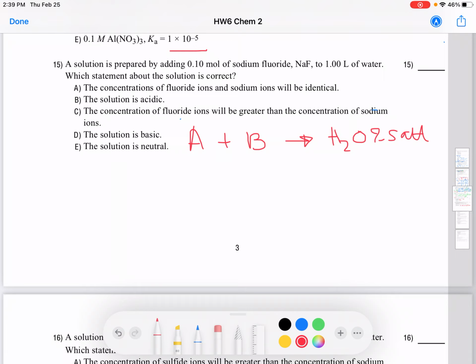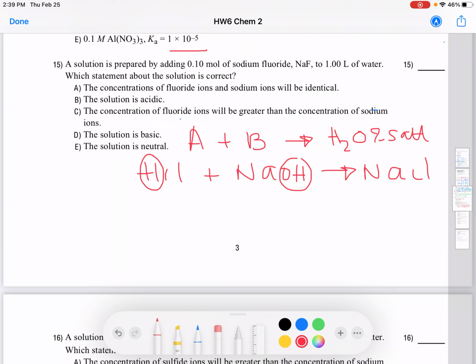If you take a strong acid, for example hydrochloric acid, and a strong base, sodium hydroxide, the OH and hydrogen will make a water molecule, and you're going to make sodium chloride. That sodium chloride is the salt.